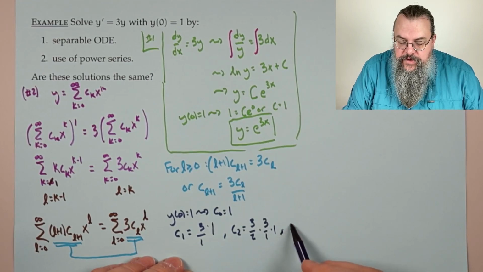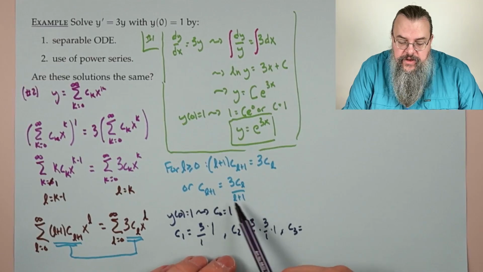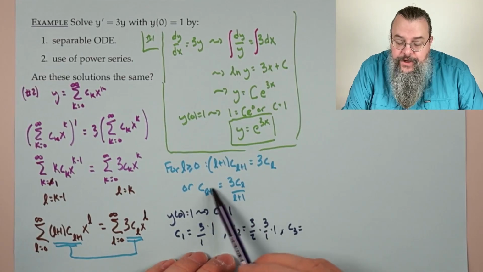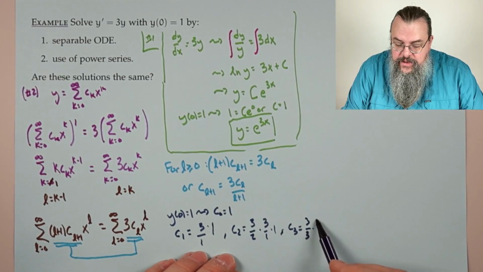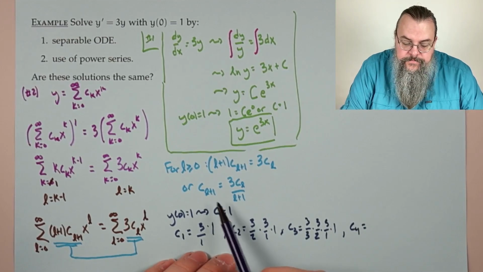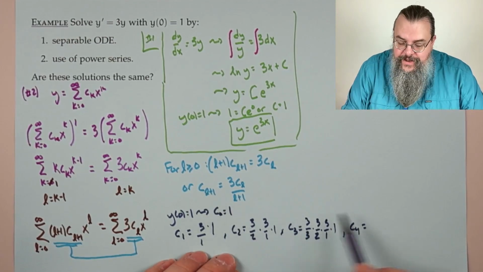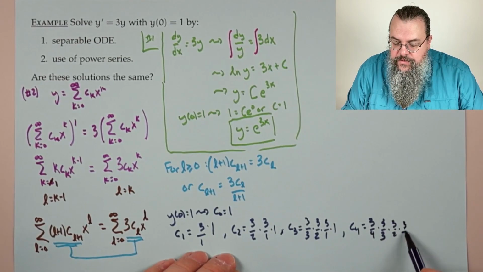All right, how about C3? That would be coming here. I want L plus 1 to be 3. So it's 3 over 3 times 3 over 2 times 3 over 1 times 1. How about C4? Well, that's L plus 1 is 4. So that would be 3 over 4, 3 over 3, 3 over 2, 3 over 1 times 1.